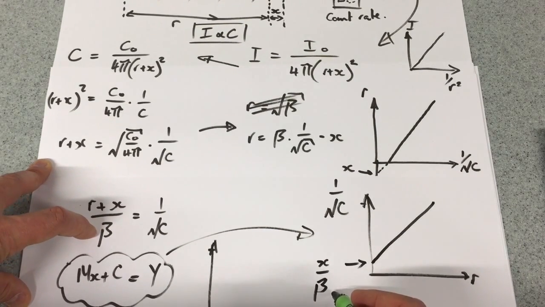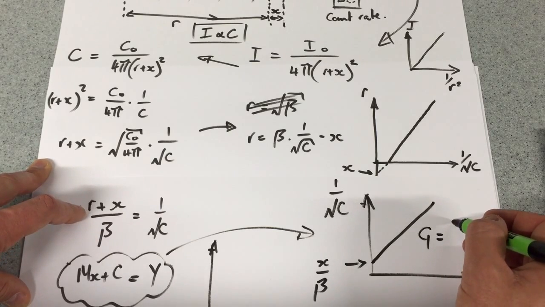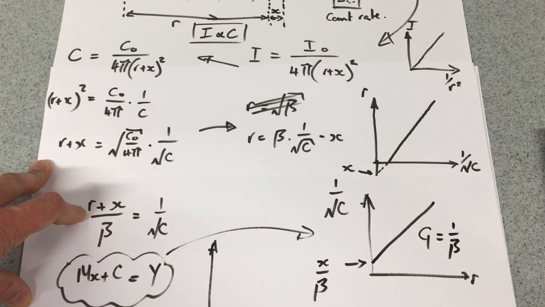And you could work out that constant because the gradient here would be equal to 1 over that constant. Or indeed, we could track this back and look for the intercept there, and that would give us x. So there are multiple ways of doing it.